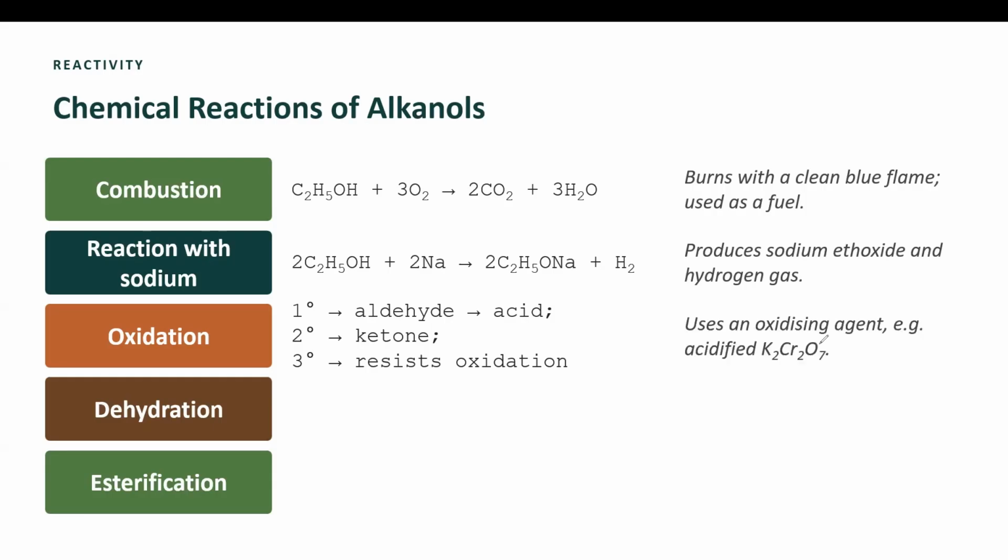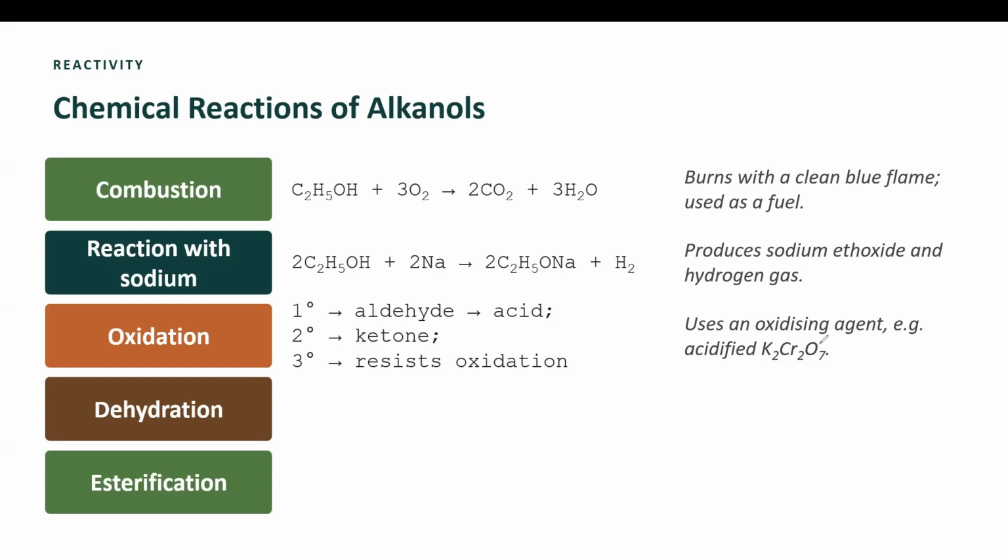But what are these oxidizing agents and how do we know that oxidation has even taken place? If you use an oxidizing agent like acidified potassium heptaoxodichromate(VI), I hope you all know how to name compounds so that you can be speaking in chemistry tongues.